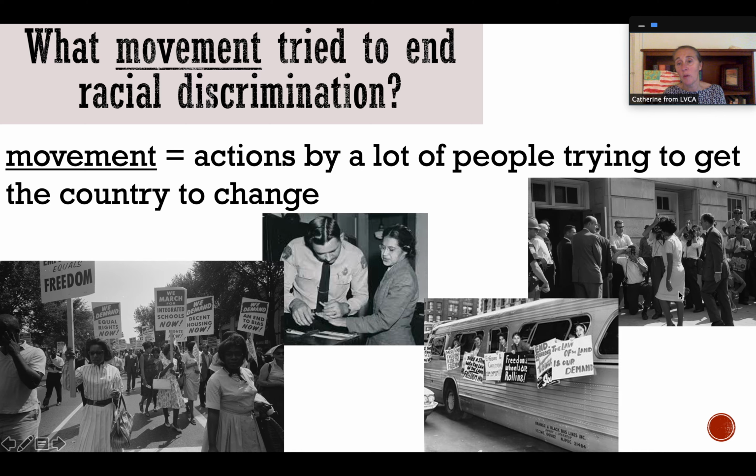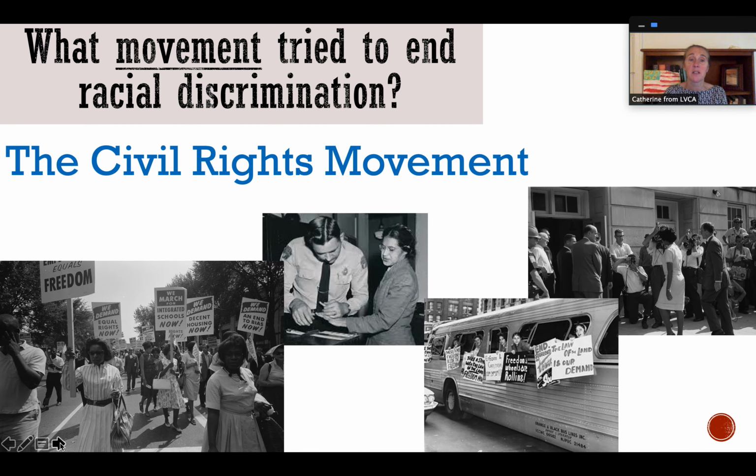And here's a young woman going into a school that had previously been only for white students, and she's going to be the first black student allowed to attend that school when the national government and the Supreme Court said that schools can no longer have separate schools for white students and black students. All of these were actions that were part of the movement trying to end racial discrimination. That movement was called the Civil Rights Movement.